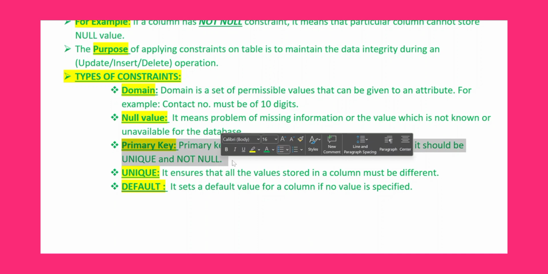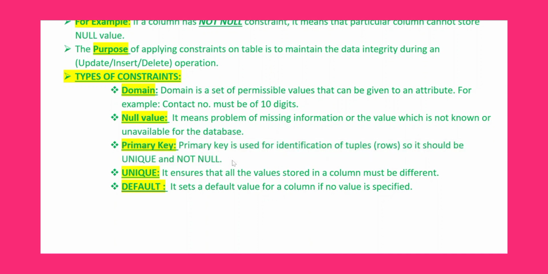Now what is the example of primary key? Suppose we are maintaining a database related to students studying in a college or a school. Every student has a roll number. Now it may be that with the same name, there is more than one student in a class or in a section.